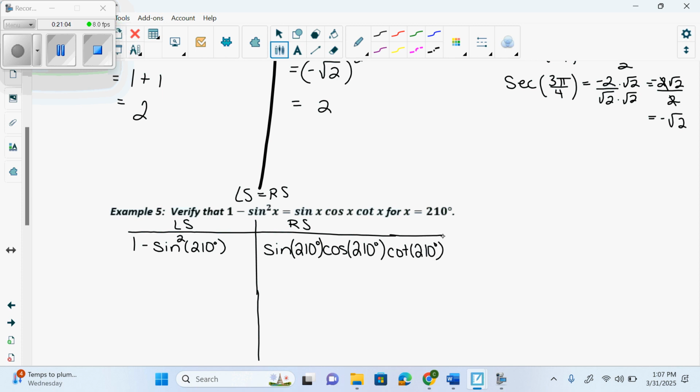Sine of 210 is what? What's cos of 210? And then we need cotan of 210, which equals cos of 210 divided by sine of 210.